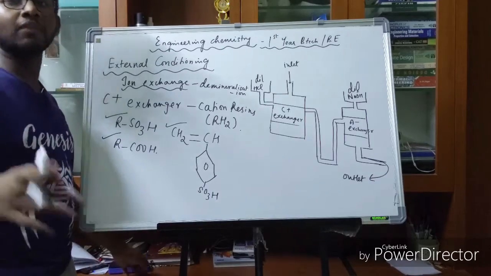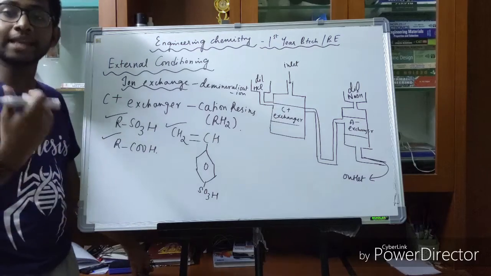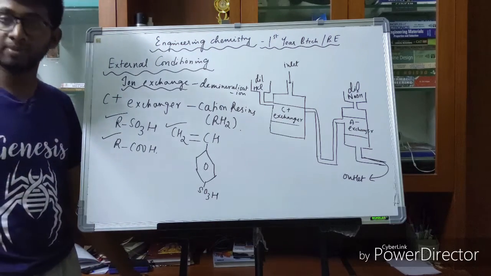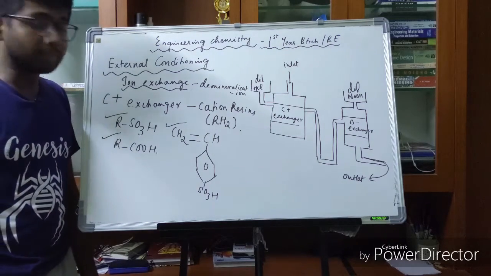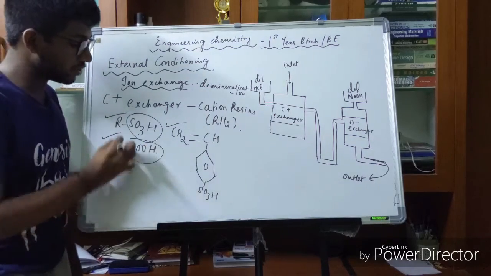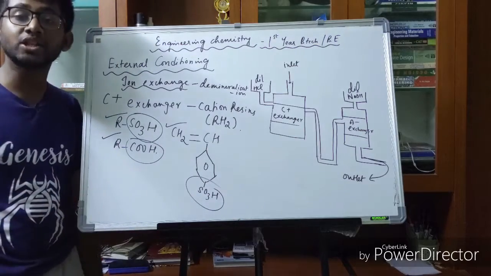Okay, and then one thing which I have to mention is that the capability of the resin to exchange its cation or its anion with the cation or anion which must be removed is only on the basis of the functional group. Here the functional group is SO3H. Here the functional group is COOH. Here again your functional group is SO3H.